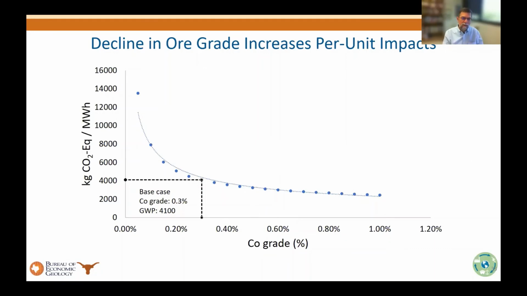So this becomes rather important if you have a higher ore grade early on in the life of your facility, but the ore grade declines with time. You're going to start to have consequently higher CO2 emissions. This is where we run the Monte Carlo.